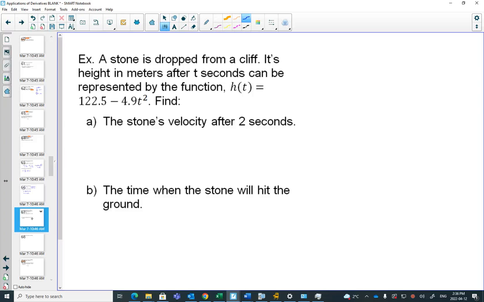So if we want to find the velocity, we would have to find the derivative of its displacement. This one has an even more accurate acceleration built into it.